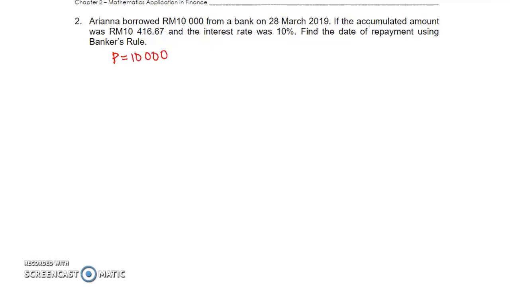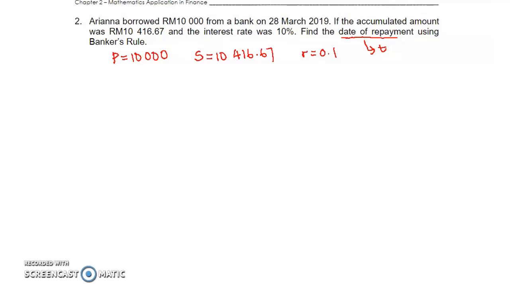If the accumulated amount was 10,416 ringgit 67 cents, this is more than P, so it means this is the simple amount, value S. And the interest rate was 10%, so R equals 0.1. Find the date of repayment using banker's rule. Okay, date of repayment, so you want to find value T.